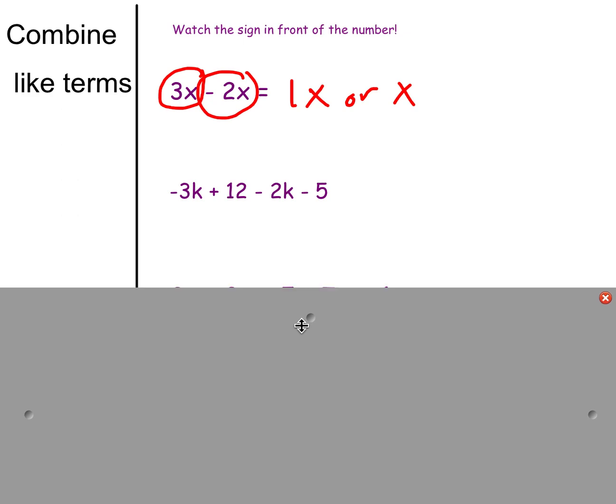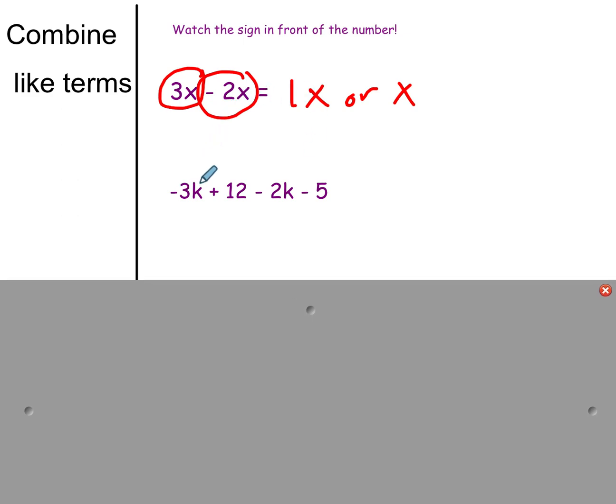All right, let's get more difficult. Negative 3k plus 12 minus 2k minus 5. So I'm going to start with my variables because those should be written first. I have a negative 3k and a negative 2k. Those two go together. Negative 3 and a negative 2 is a negative 5k.